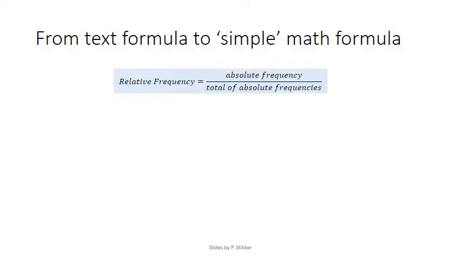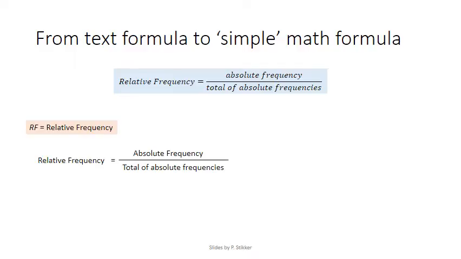Let's try to convert this text formula into a more proper math formula. So I've listed the formula again, and the first thing we're going to do is substitute a few of these words to make them a lot shorter. The first word to shorten is the relative frequency. So we're going to shorten relative frequencies to RF, and that replaces it like this.